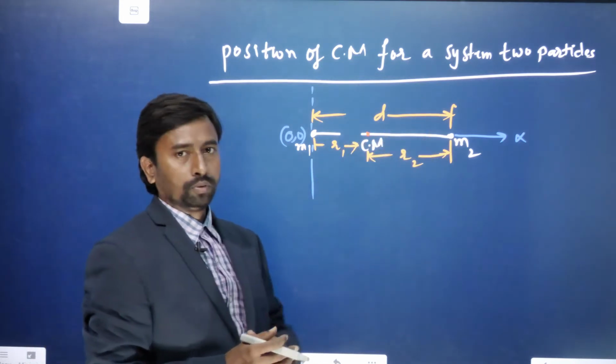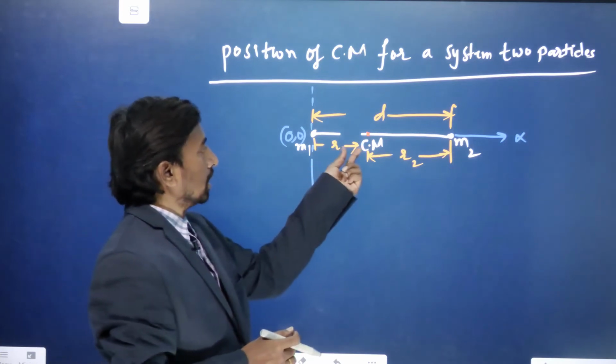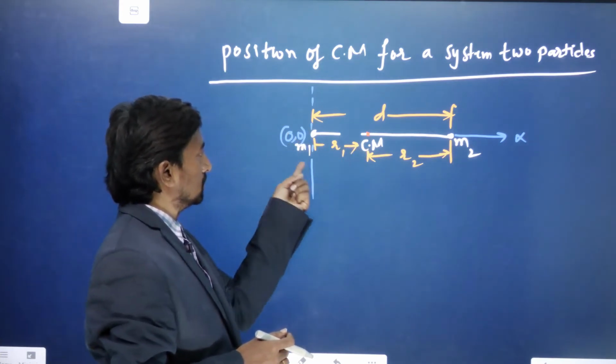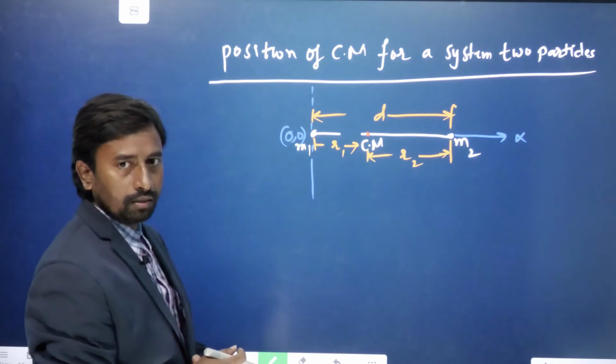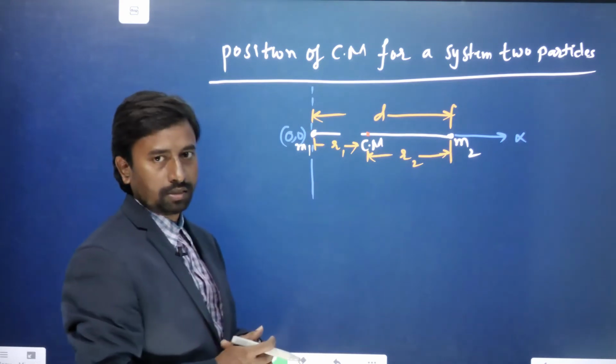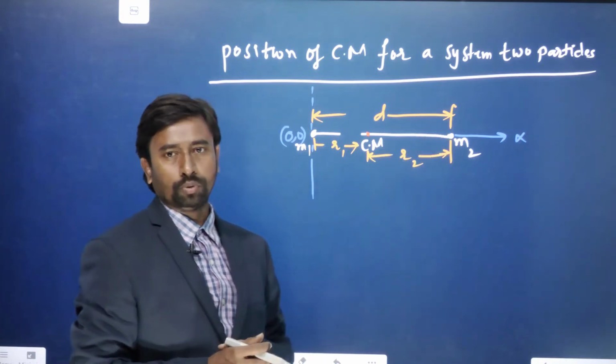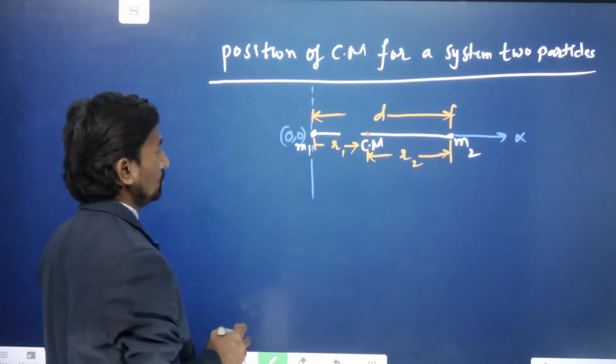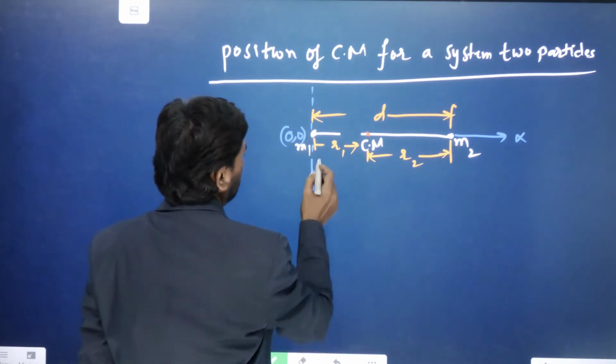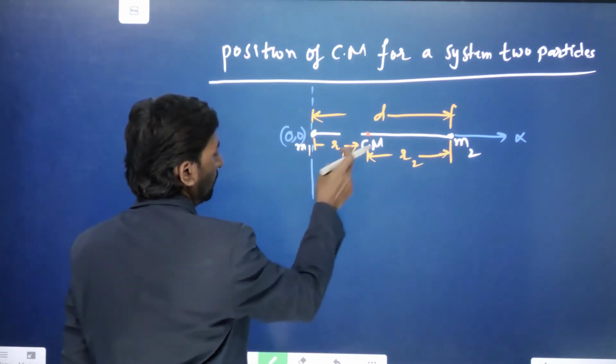The center of mass will be moved, and corresponding to this, the mass of the particle will move a certain distance. In the same way, the m2 mass of the body will also move. So let us consider, suppose from the origin, this has a distance r1.